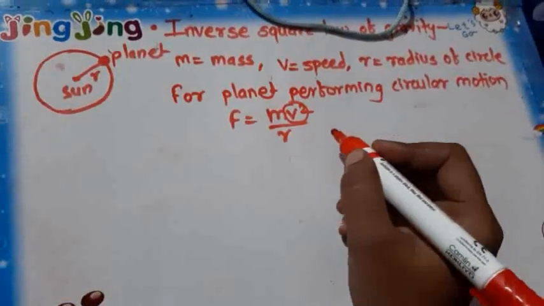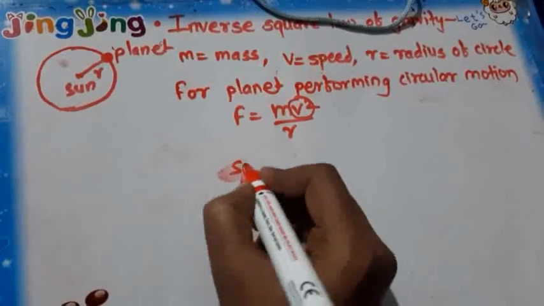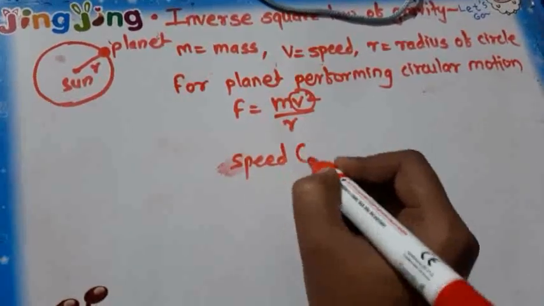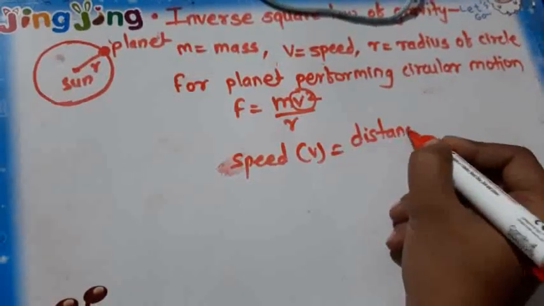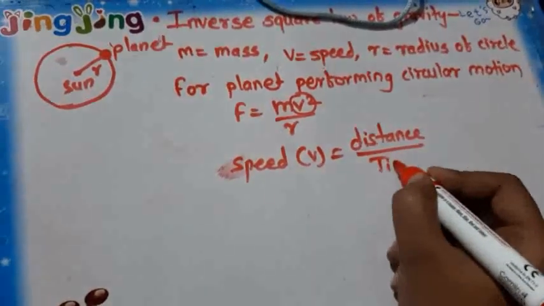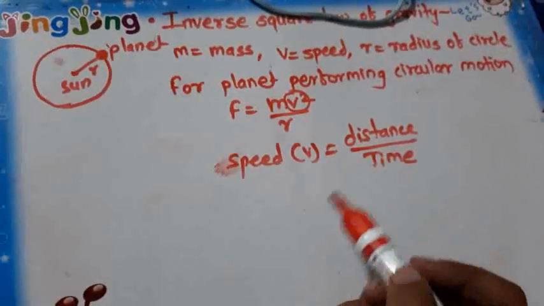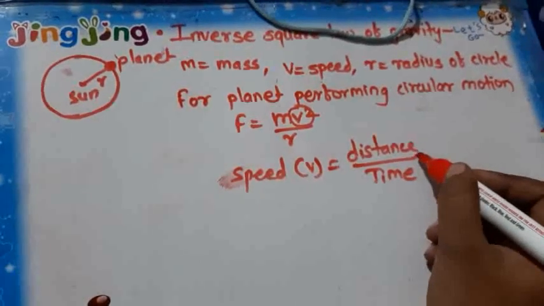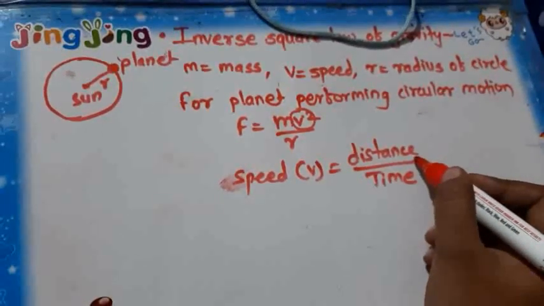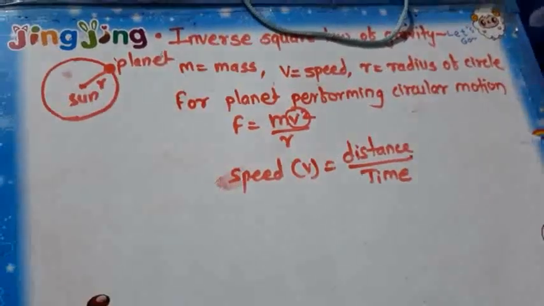Now in this formula, speed can also be expressed as speed is equal to distance upon time. Already you are familiar with this formula. Now consider distance. How much distance will a planet cover to complete one rotation around the sun?